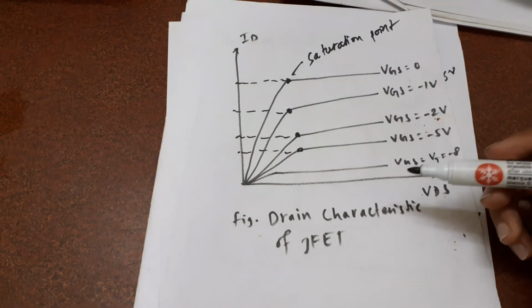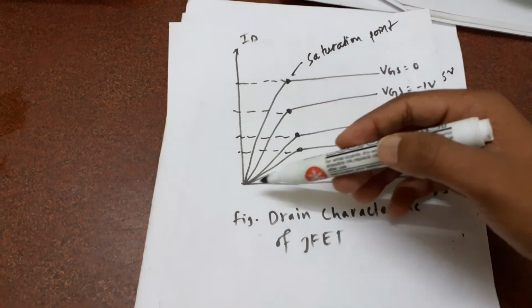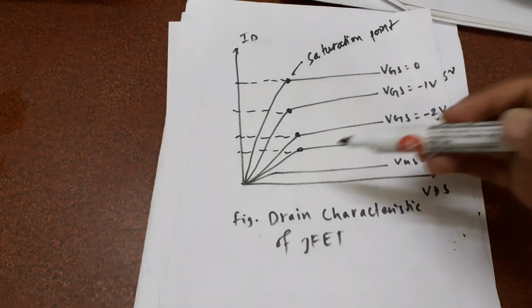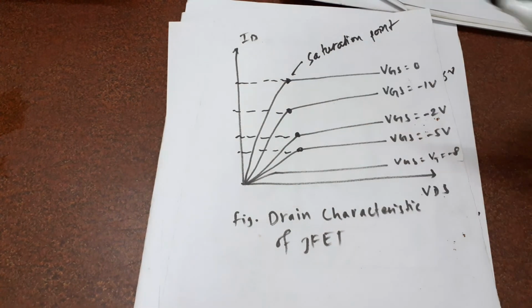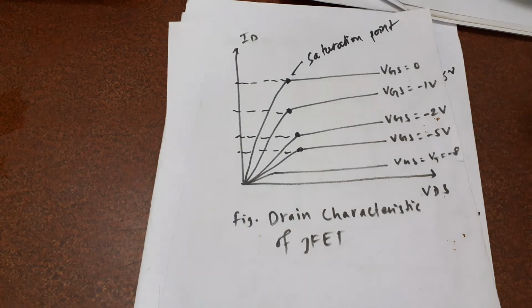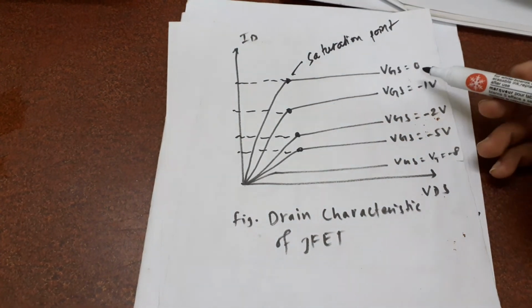So as I mentioned earlier, when the VGS value was 0, the VDS value we increased all the way to 8 volts, and at that point the current got pinched off and it could not increase further and remained saturated.